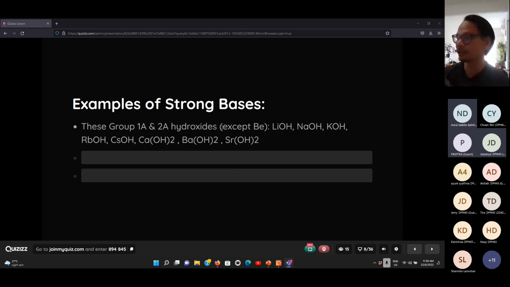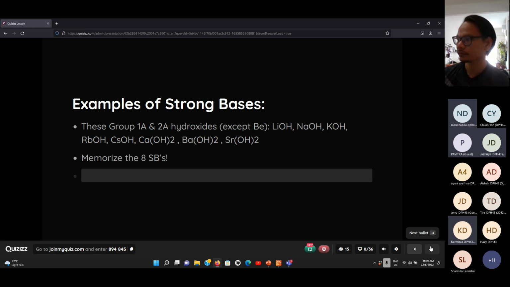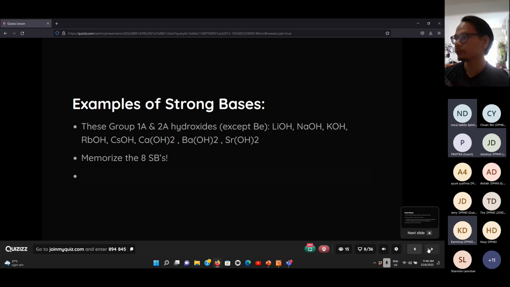So these are examples of strong bases: lithium hydroxide, sodium hydroxide, potassium hydroxide. Most of the hydroxides adalah strong bases. So it is best that you memorize ada 8 strong base ni. So kat sini dia tulis group 1A and 2A, maksudnya hydroxide bases.